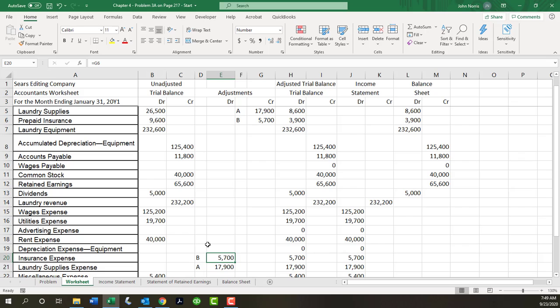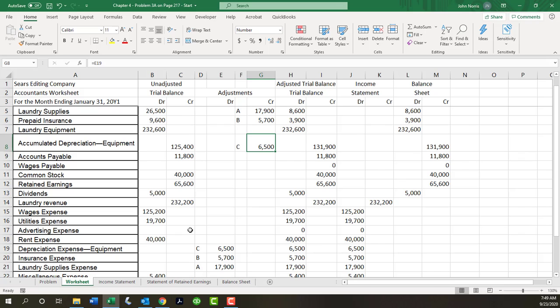Depreciation of laundry equipment during the year is $6,500. So item C tells us the amount, $6,500, and the offset is this contra asset account of accumulated depreciation for the equipment.